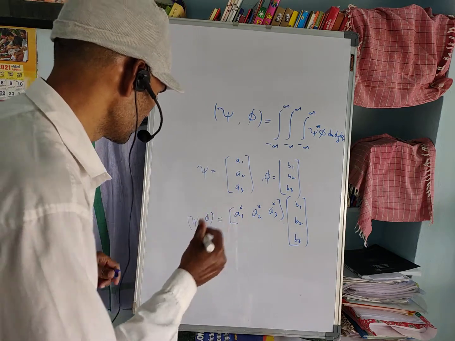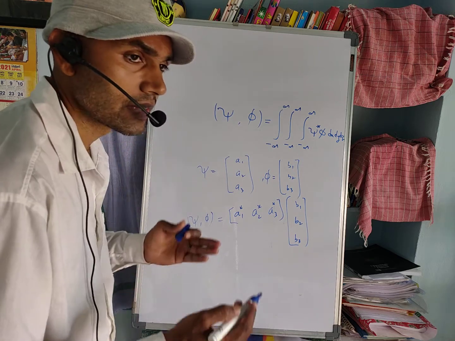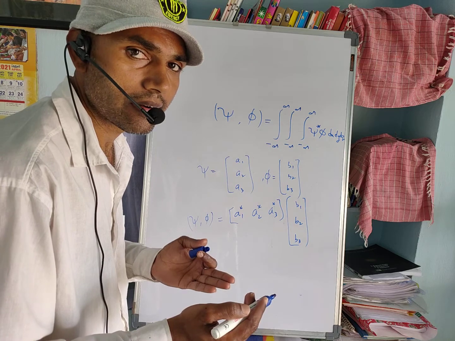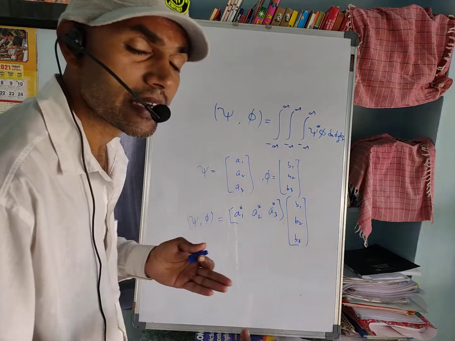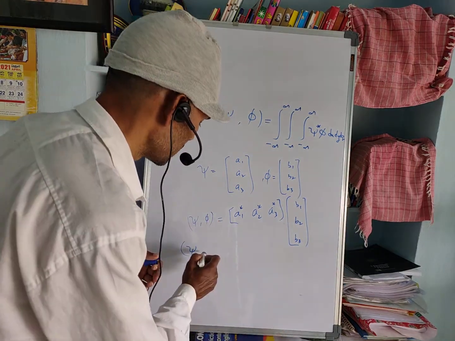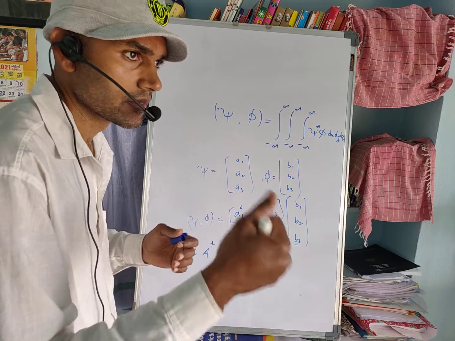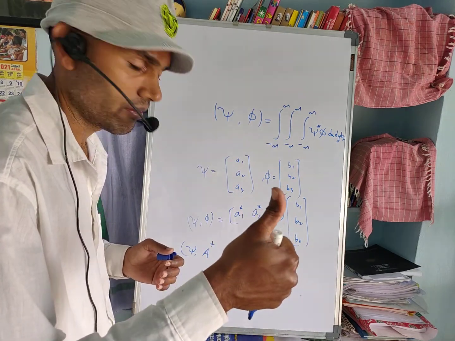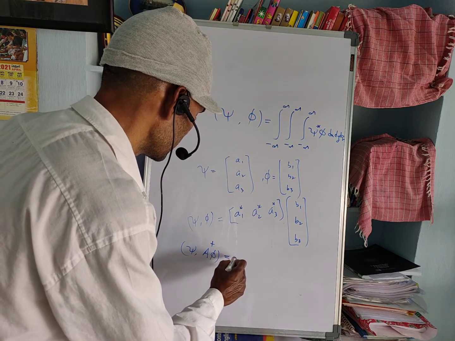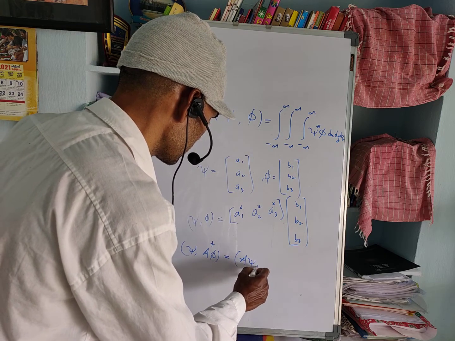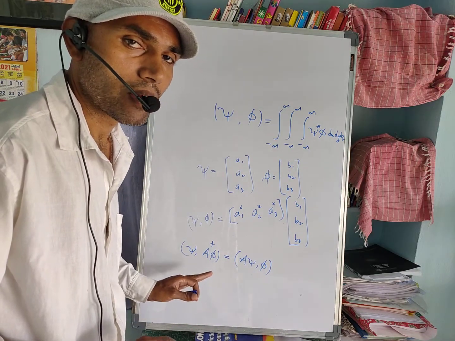If we have an operator A, its Hermitian conjugate is called A dagger, and we denote that by writing A with the symbol dagger on top, just like the small knife with a handle, it's called a dagger. A dagger acting on phi is defined like this: it will be psi with A phi. This is the definition of Hermitian conjugate for some operator A.